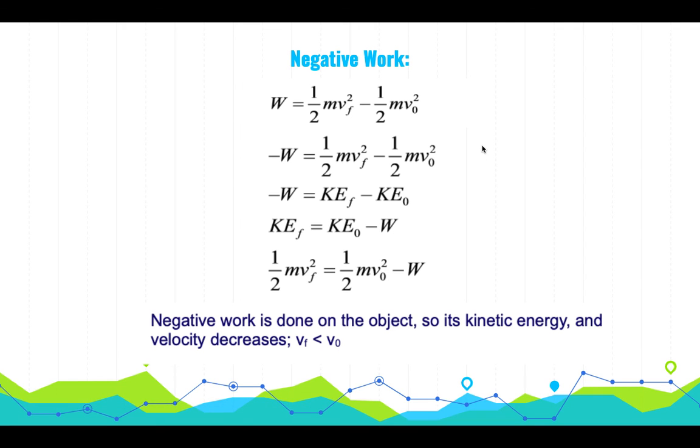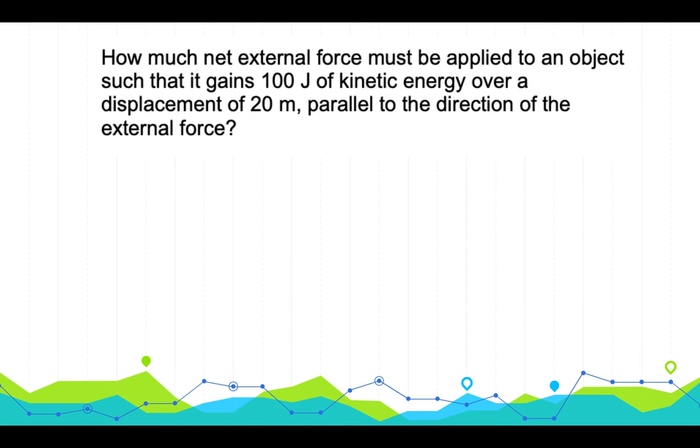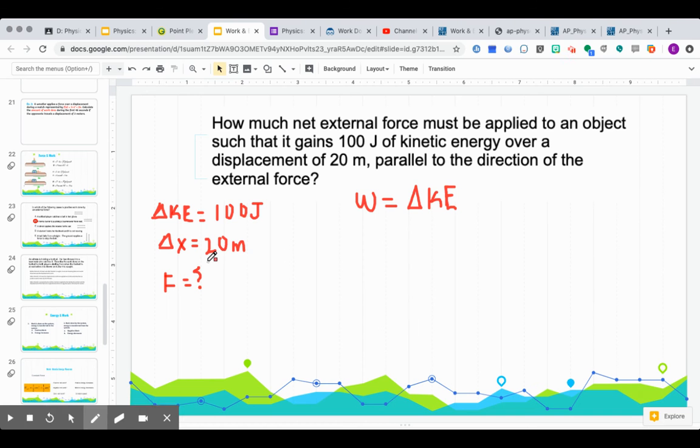Okay, let's try this in an example. We're asked how much net external force must be applied to an object such that it gains 100 joules of kinetic energy over a displacement of 20 meters, parallel to the direction of the external force. We know that work is equal to the change in kinetic energy.